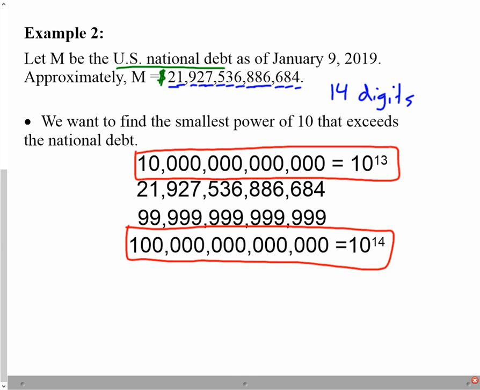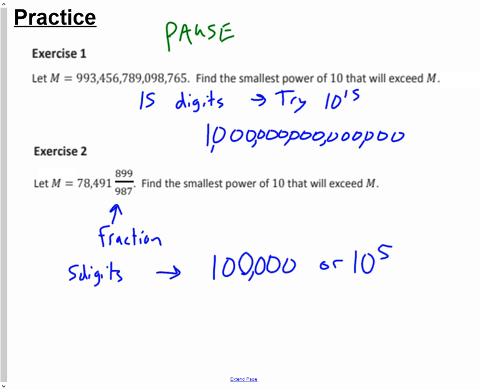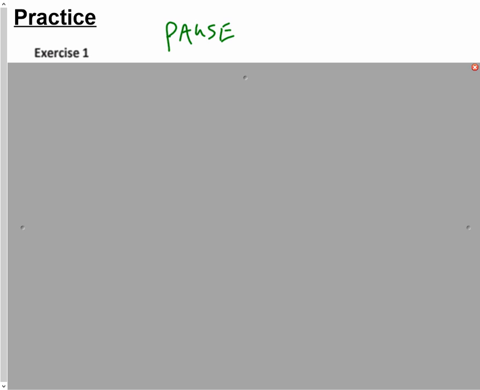So those are the two that are on either side of our national debt, looking at powers of 10. So I want you to take a second here and try exercises 1 and 2 on your own. So pause it here. All right, to go over those two, in exercise 1, we had 15 digits to work with.